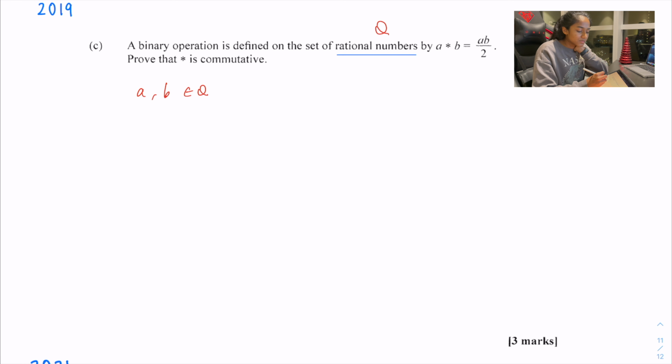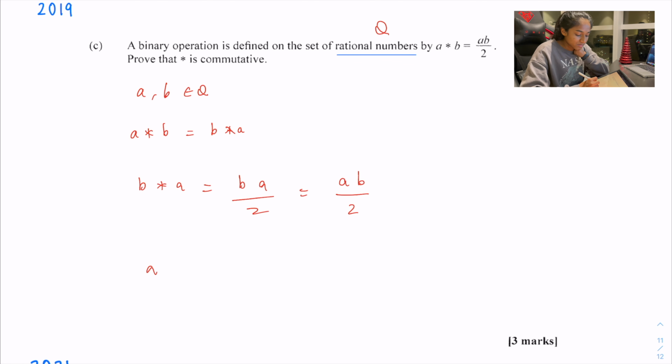So we want to prove that it is commutative. So for that to be true, A star B must be equal to B star A. And we have A star B already. So B star A is equal to BA on 2. And yes, because remember multiplication is commutative, so you could simply switch these two around and get our answer.